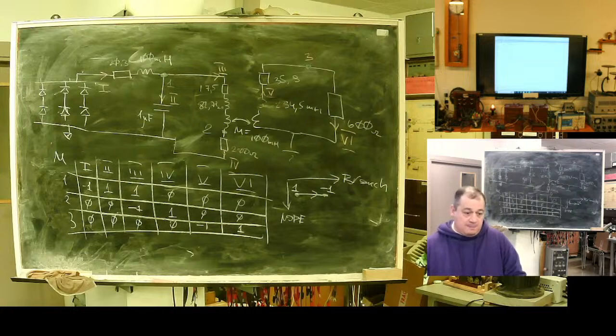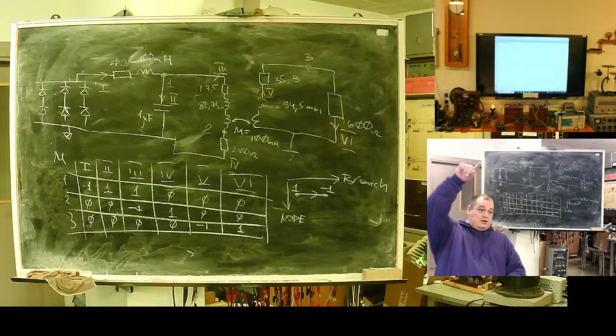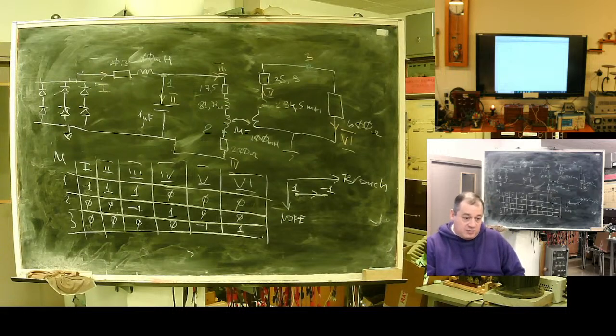And before I do this, I will define K omega as K multiplied by frequency multiplied by 2 and multiplied by P. Clear? Omega equals 2 P F, and K is the number of harmonic. 1 for base, 2 for double, and so on.